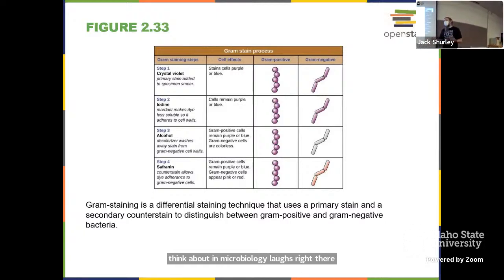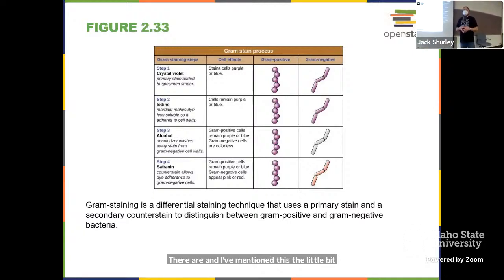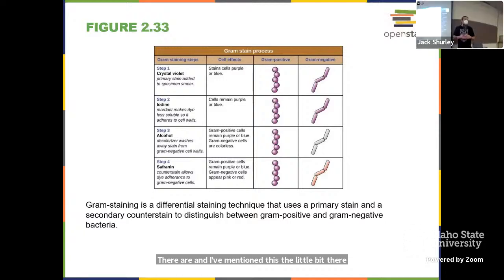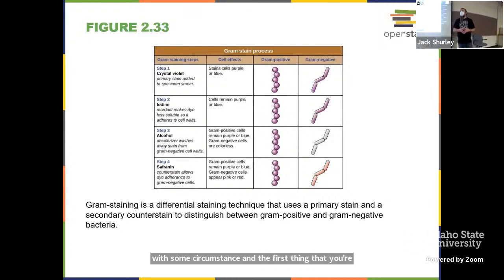You will often find yourselves presented with some circumstance, and the first thing that you're going to think about with that specimen is, what is it? What does it look like? You're not going to necessarily know what it is, but you want some information, right? You have a feeling that you're looking at some sort of bacteria and you want some details, right?